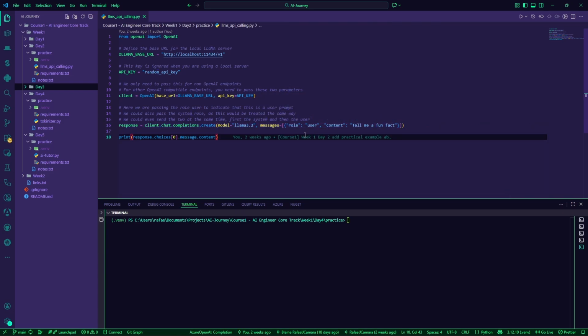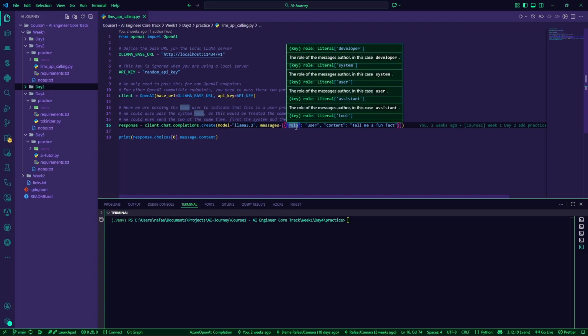Now, this is something that I have to explain. In the context of interactions, we have what we call roles. In this case, you can see here, if I hover, you have a lot of roles.